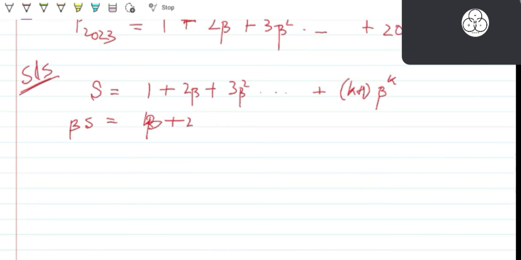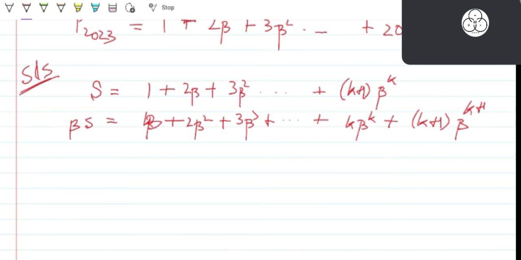So beta S is beta plus 2 beta square plus 3 beta cube, and so on, k times beta to the power k plus k plus 1 times beta to the power k plus 1, and they will subtract it. So S minus beta S.